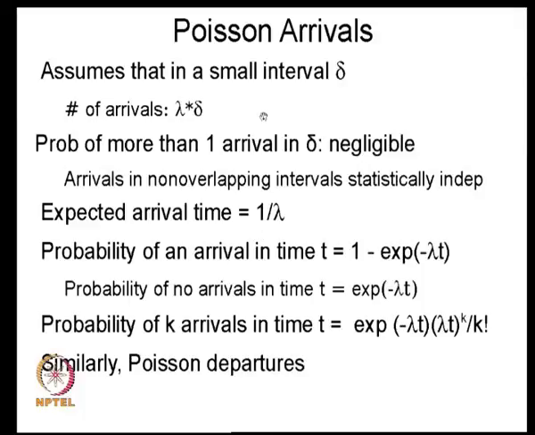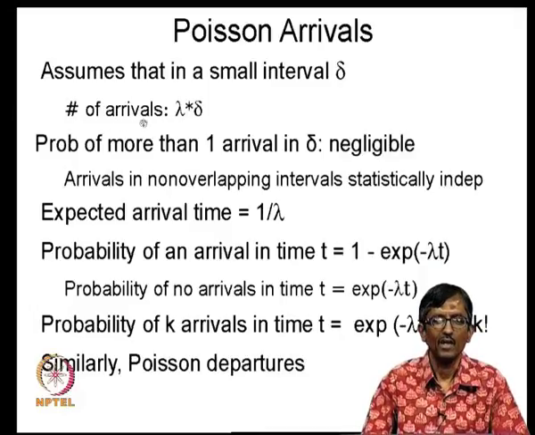Oftentimes we assume what are called Poisson arrivals. I will not go too much into details, but essentially it means that there is a rate at which jobs arrive and every arrival is independent of the previous one. There is no correlation. If you take a small interval delta, where the arrival rate is lambda, the probability of an arrival is lambda times delta, and the probability of more than one arrival is negligible.